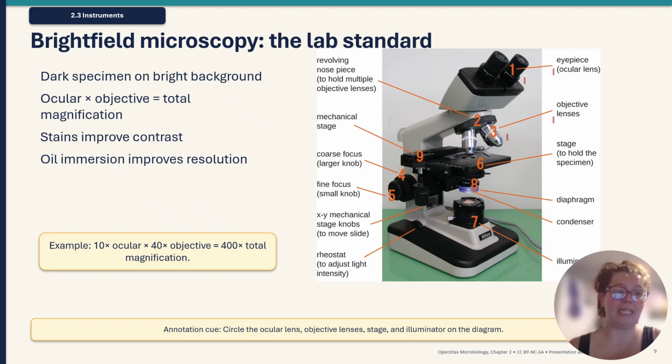Now, obviously, oil immersion does improve the resolution, and the stain improves the contrast, making it stand out more.